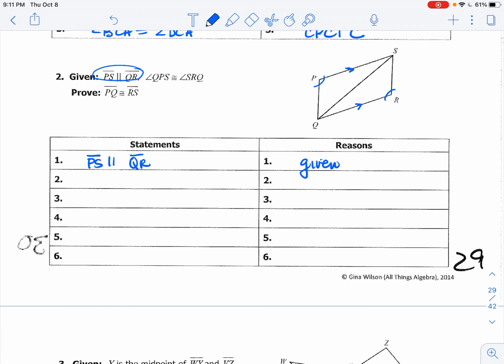Let's write that down. And that is a given statement. We have a shared side for both of these triangles, so we can say that QS is congruent to QS by the reflexive property.